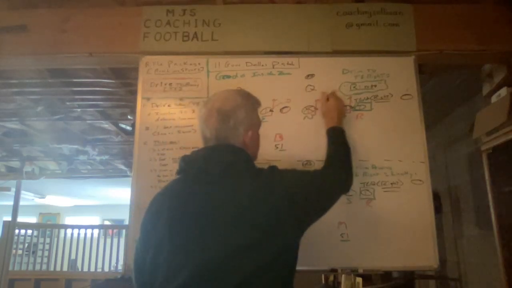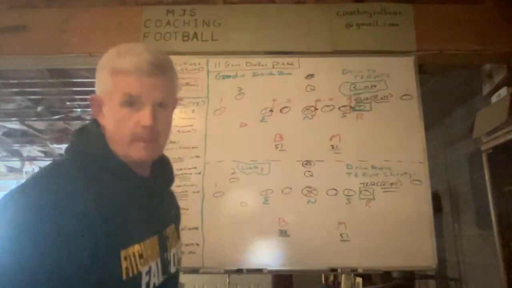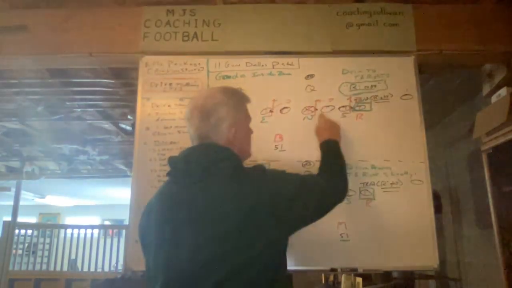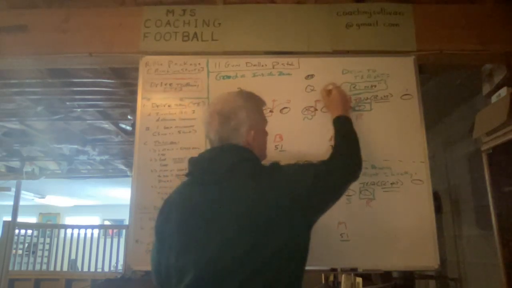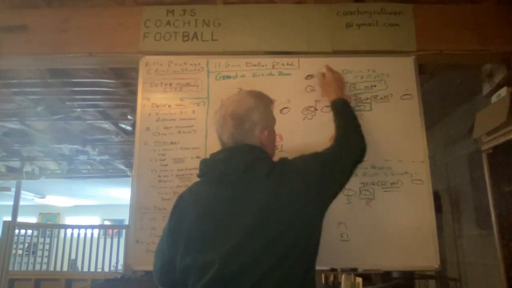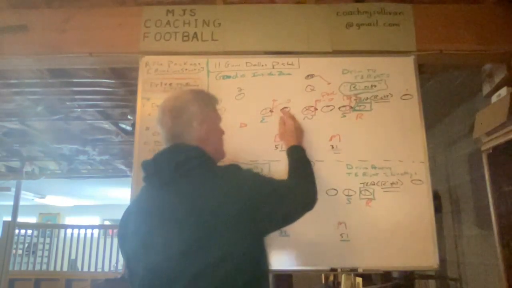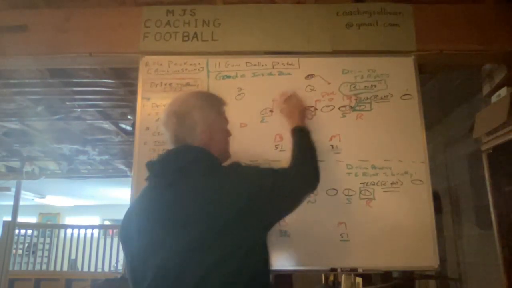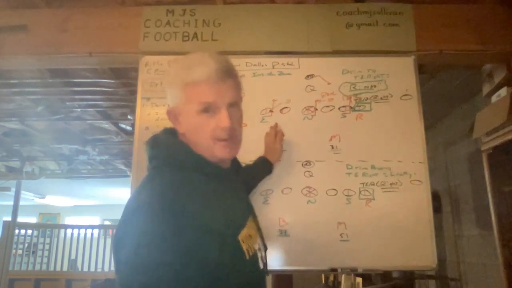Penetrate and peel. So for these guys, this would be peel. To him, it's coming to him. We still consider it a peel, even though he's on the back side of the play.